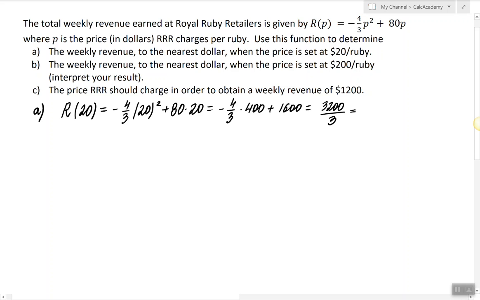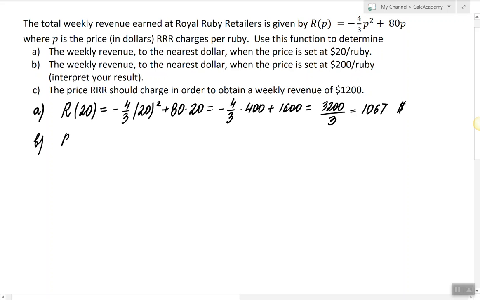And since the question is asking to find the value to the nearest dollar, we're going to divide 3200 by 3, and that will be $1,067, which is the total revenue.